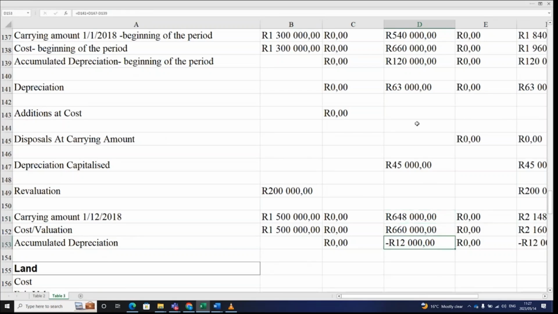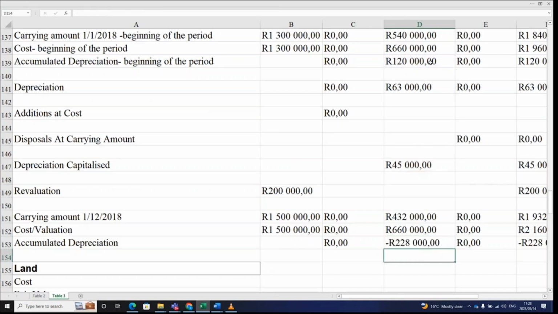Let's just put that there, get the signs right so we get the correct total. That plus that. Then this was the depreciation for the year, and we also need to add the accumulated depreciation.